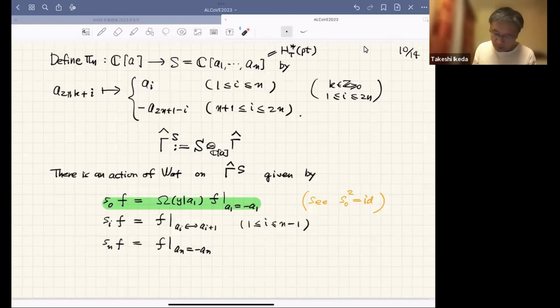But the action of s_0 is funny because we multiply by our Cauchy kernel, and we also switch the sign of A_1. A funny exercise is to see that the identity holds, because we have this identity. I think you see this operator satisfies this property, so they actually give the action of the affine Weyl group. This is a basic construction.